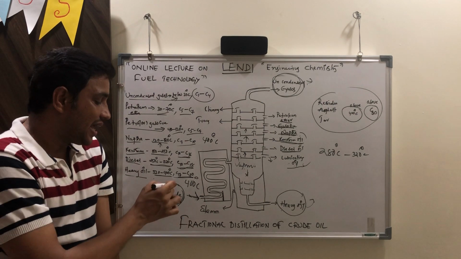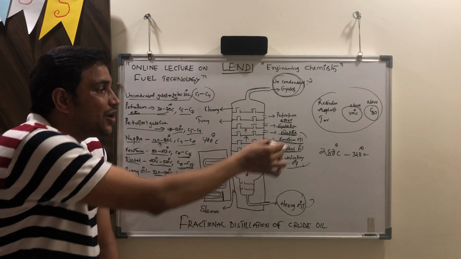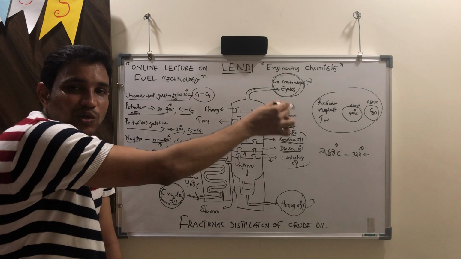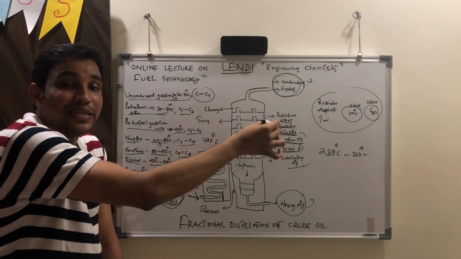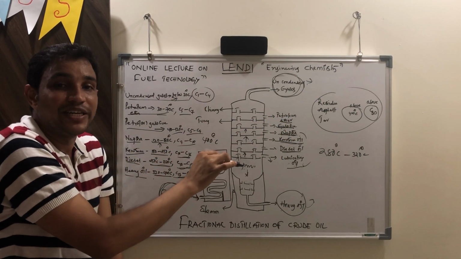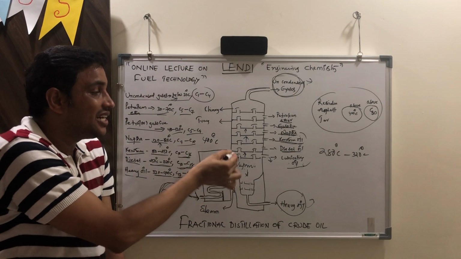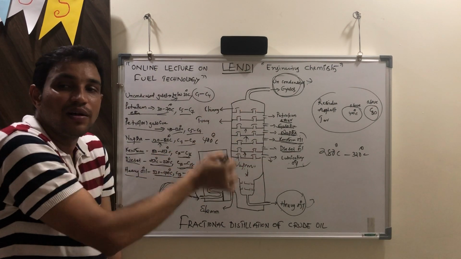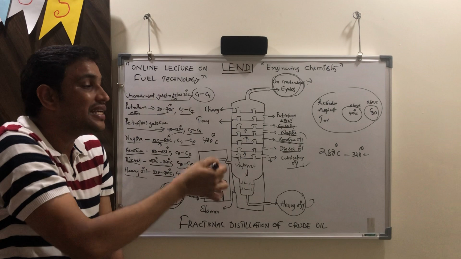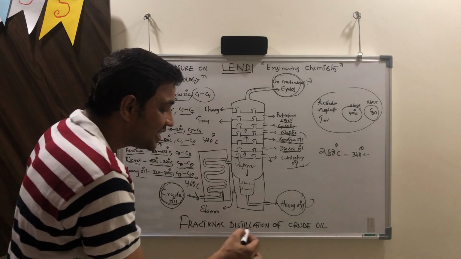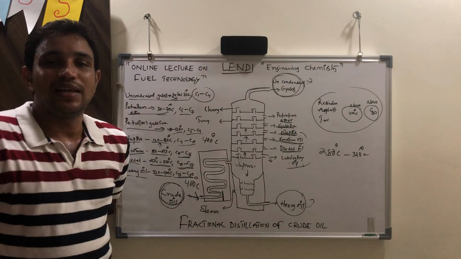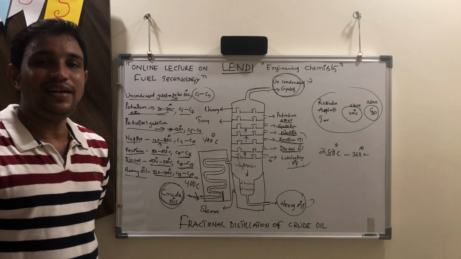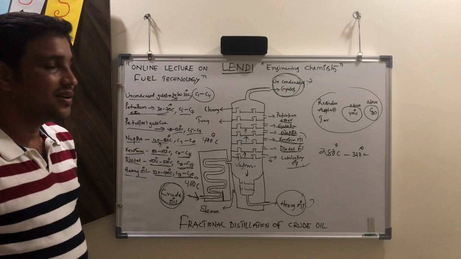So simply, converting crude oil into products based on their boiling points through a fractional distillation column is fractional distillation of crude oil. Understand? Kindly note this down.